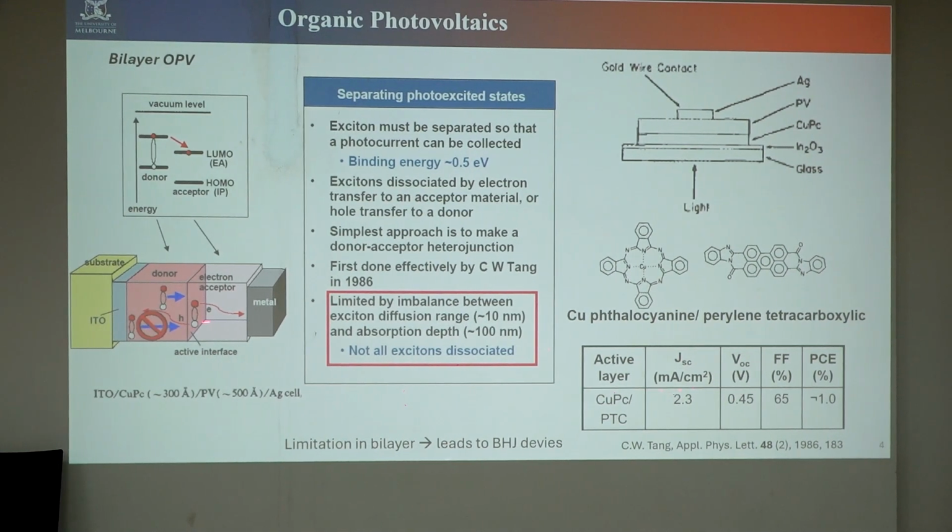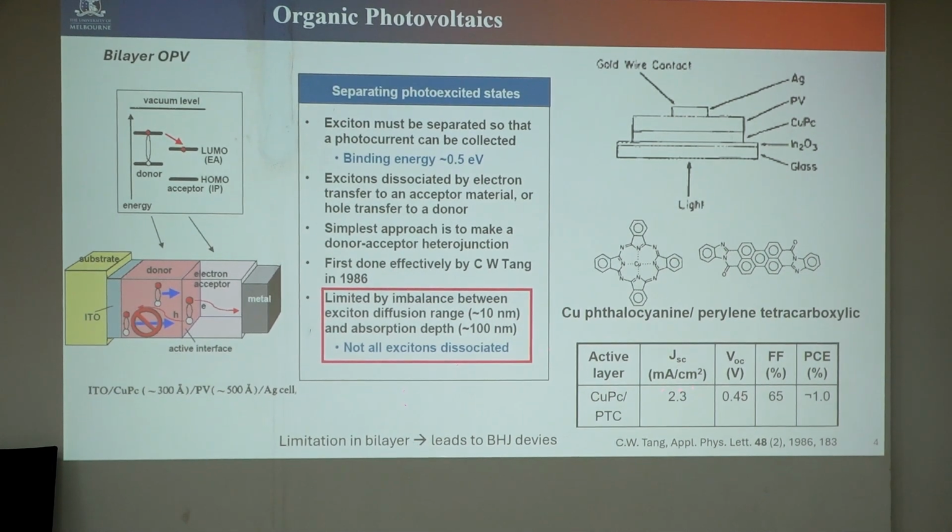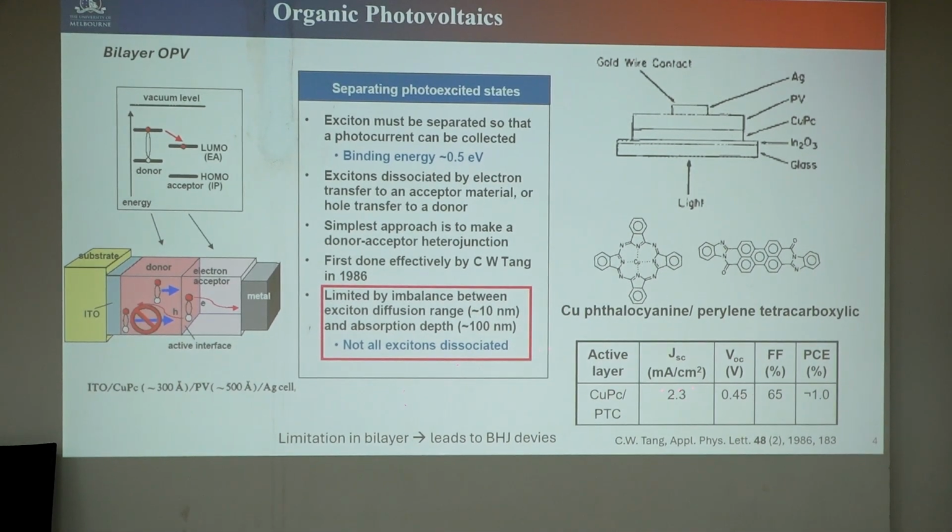Only then can the exciton reach the interface, get dissociated and charge separated. That's why this device works well with a very thin layer, 20 to 30 nanometers. But whenever the layer is very thin, the absorption is limited, then the charge generation is limited, and then the current generated from the charges is also limited.